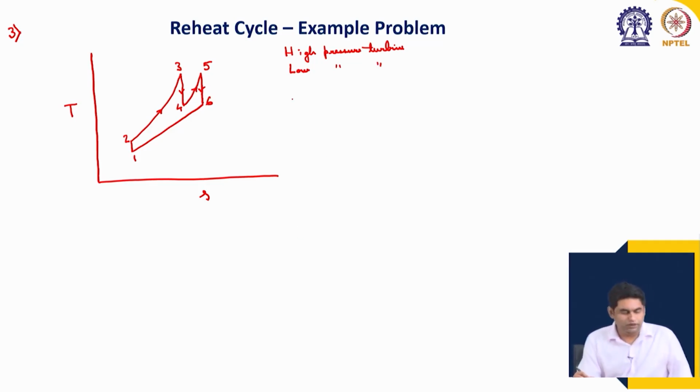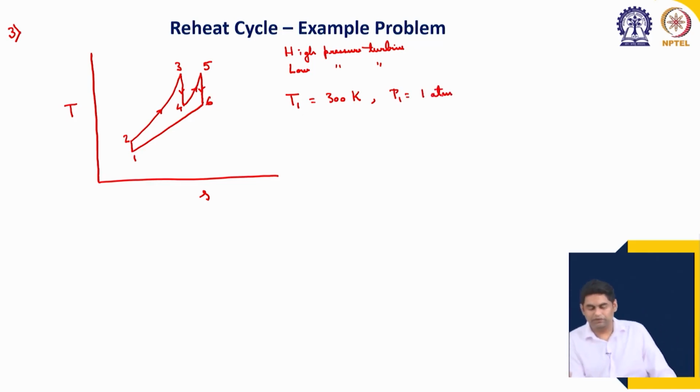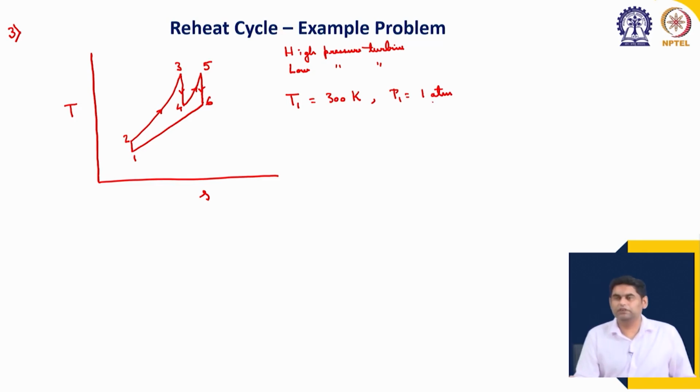So, the conditions which are given for the problem are a similar ambient condition, T1 equal to 300 Kelvin, and ambient pressure equal to 1 atmosphere at standard conditions. So, pressure we will not need, but in case it is needed, you know what the ambient pressure is. Then the overall pressure ratio R is given as 10, like in the previous problem.